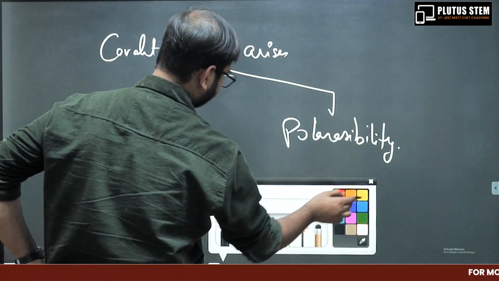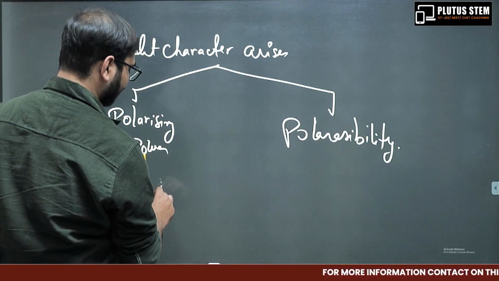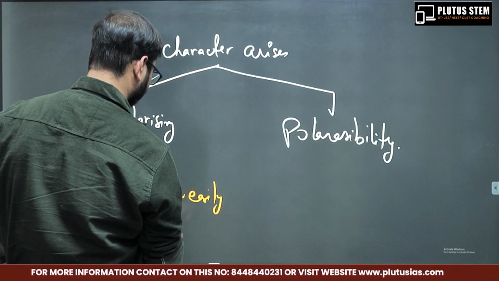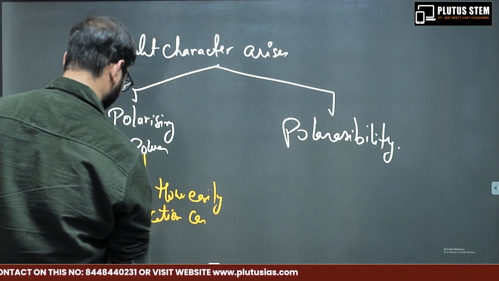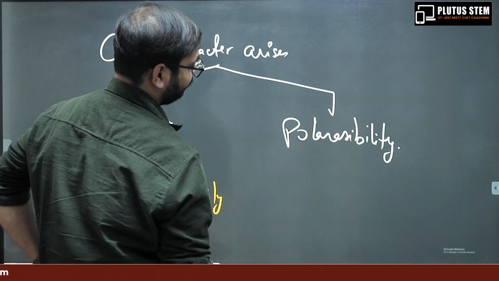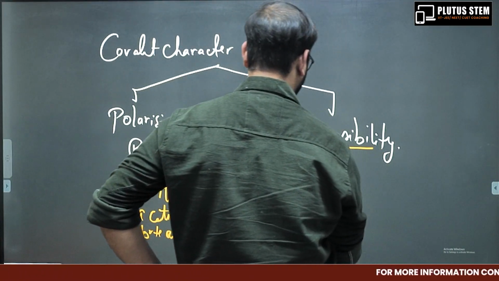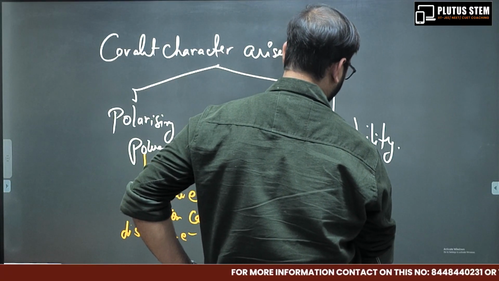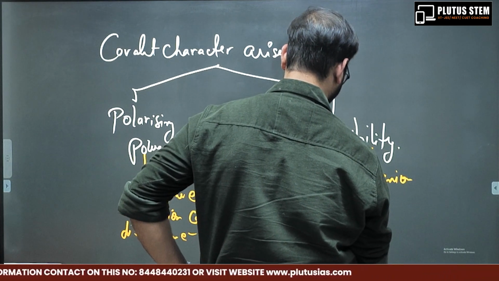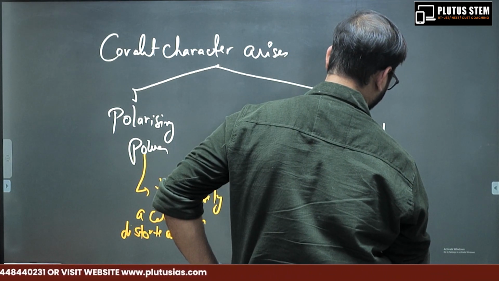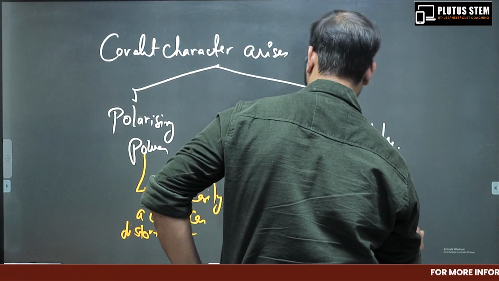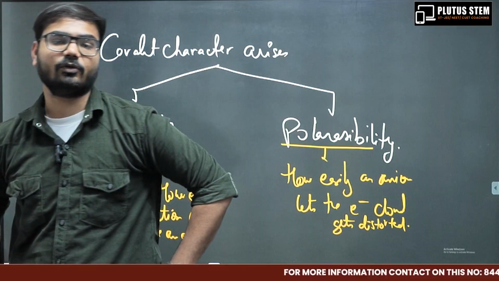Polarizing power refers to how easily a cation can distort an electron cloud, while polarizability refers to how easily an anion lets the electron cloud get distorted. These are the two primary notions that we'll be utilizing to describe the covalent character in various compounds.